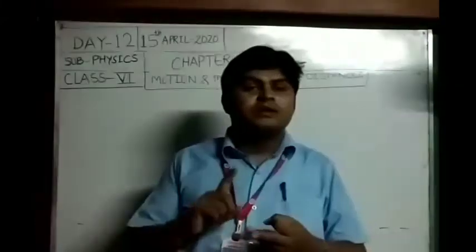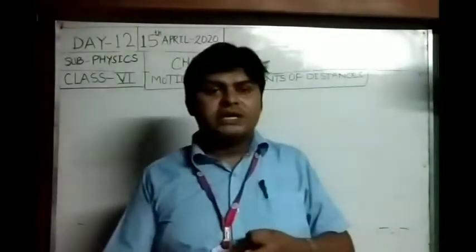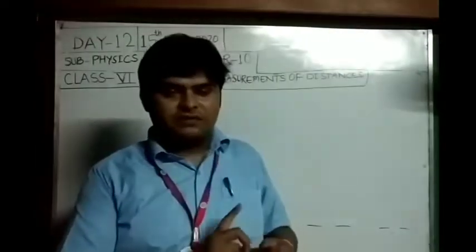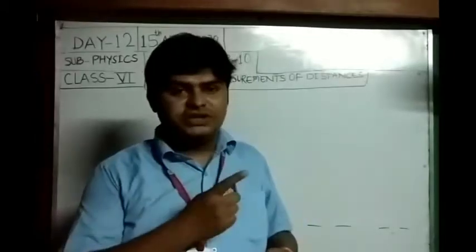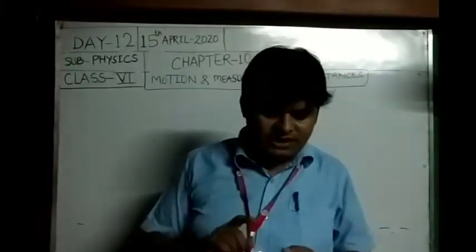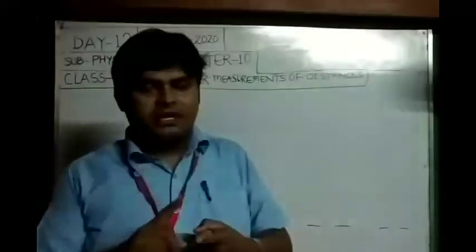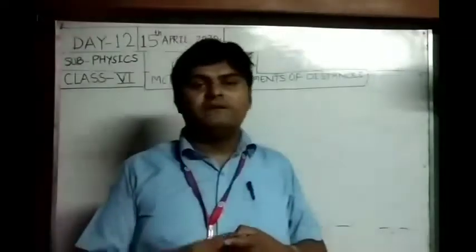Rotational motion is the motion in which an object moves around a circular path about a fixed axis. As for example, the earth moving on its axis is an example of rotational motion.